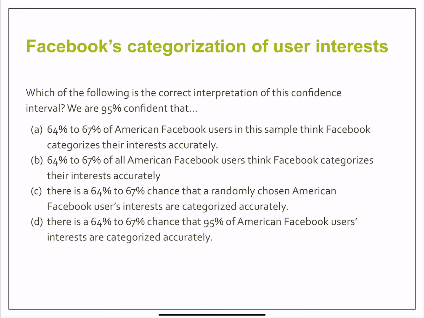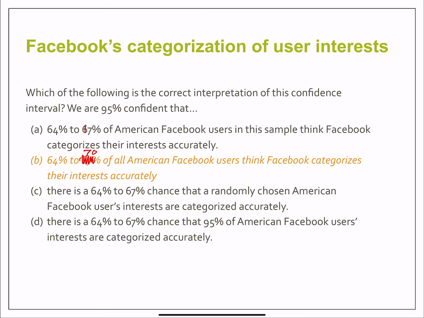All right. So we're going to do one last example. Looking at this one, which of the following is correct interpretation of the confidence interval? We are 95% confident that... and we see that the answer is B. 64% to 67. Well, actually, this should be 70.